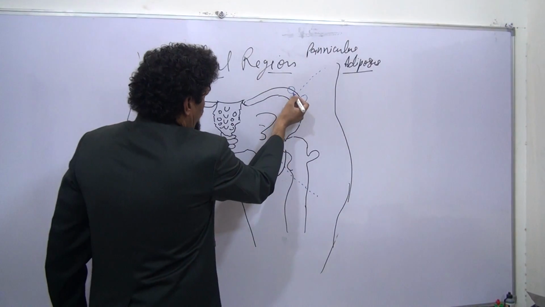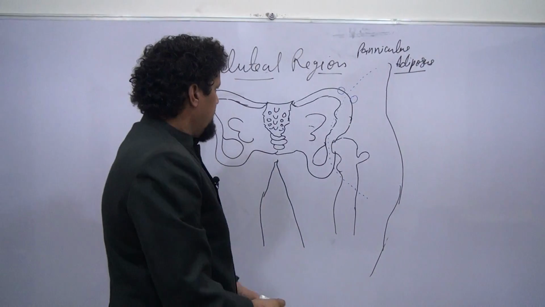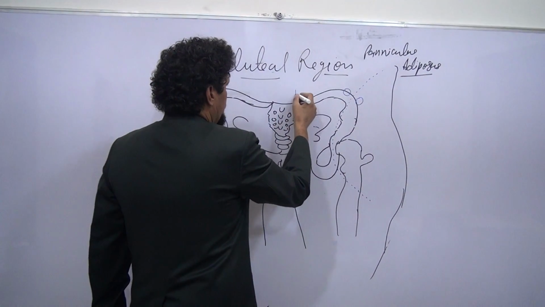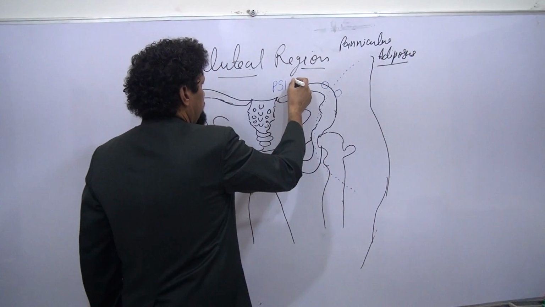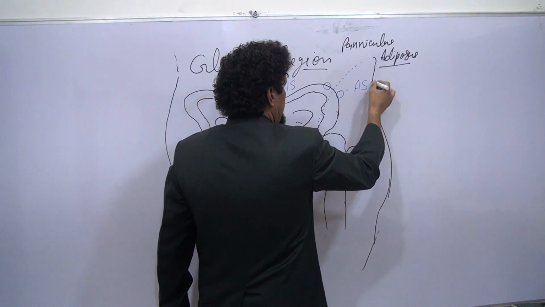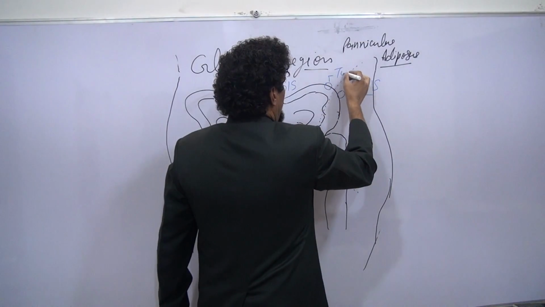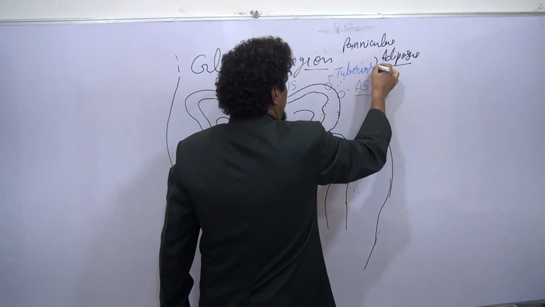We can trace the whole length of the iliac crest in a living person because it is subcutaneous, and here it is the posterior superior iliac spine. So this is the posterior superior iliac spine and this is the anterior superior iliac spine. This is the tuberosity.